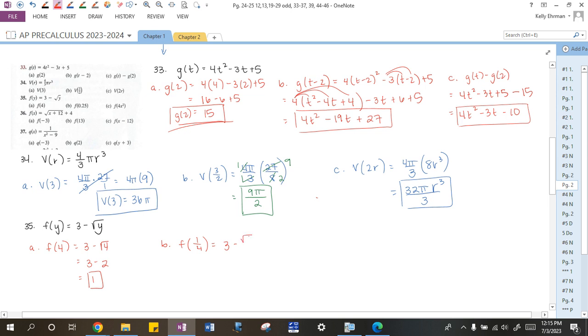Remember, the square root of 1/4, you're allowed to split it up for any fraction. So square root of 1 over the square root of 4. This is now 3 minus 1/2. 6 over 2 minus 1 over 2 is 5 over 2, or 3 minus 1/2 is 2.5.